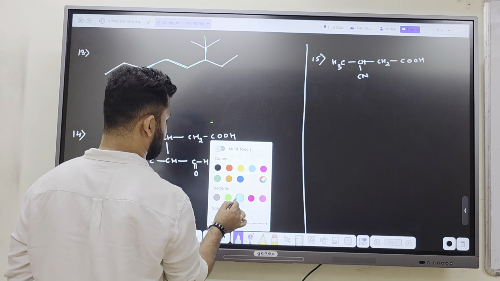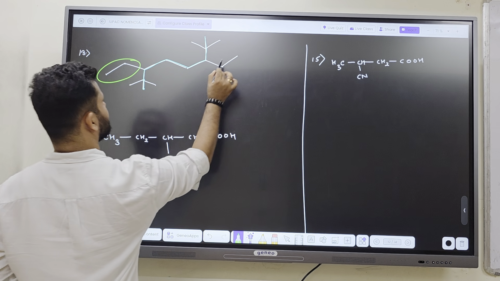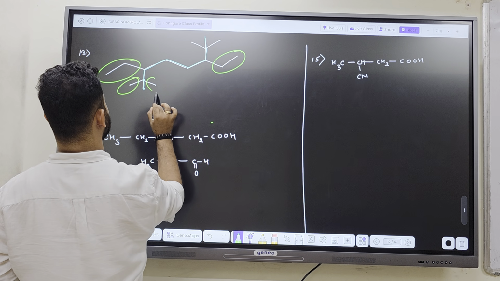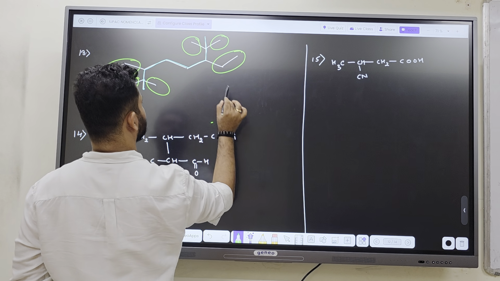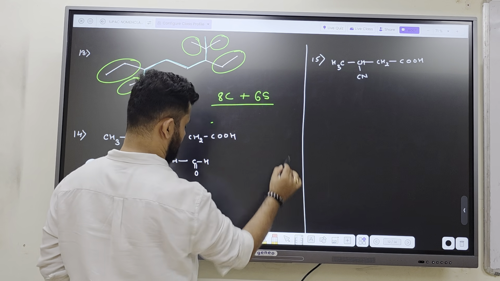And which are my substituents? This is my substituent 1. This is the second substituent, 2, 3, 4, 5 and 6. So total 6 substituents and 8 carbons.